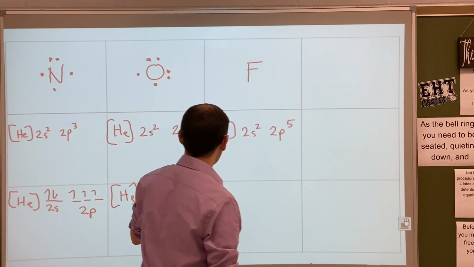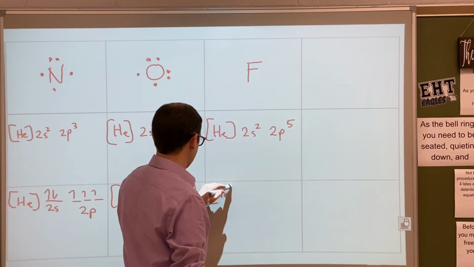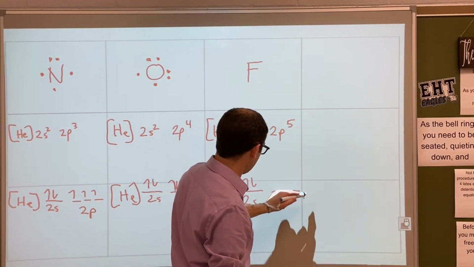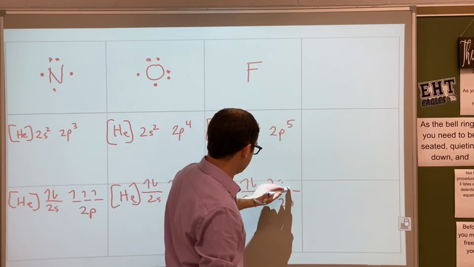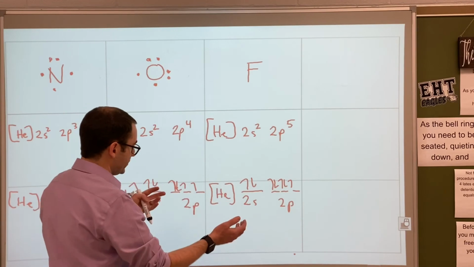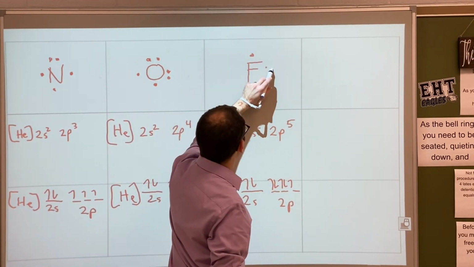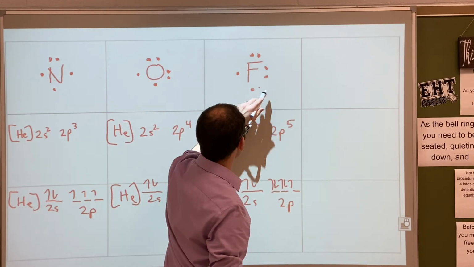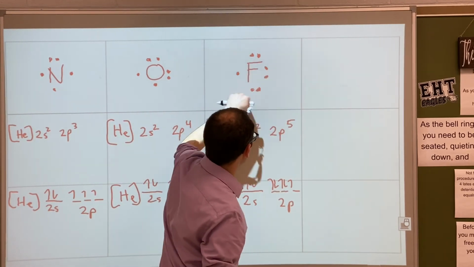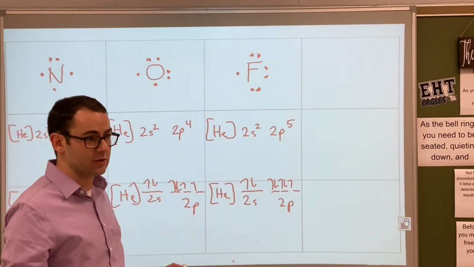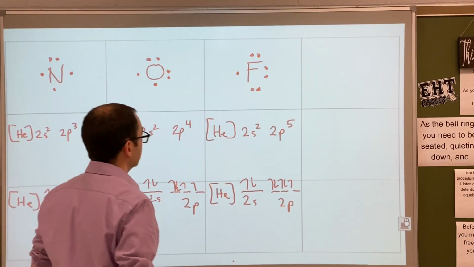2s up down, 1, 2, 3, 2p, 1, 2, 3, 4, 5. There's only one by itself there, no shifting. Just start filling it up, and you can have your single on any side you'd like, anywhere. All right, and then for the last one, neon, they're all filled up, so it's not going to do anything either.